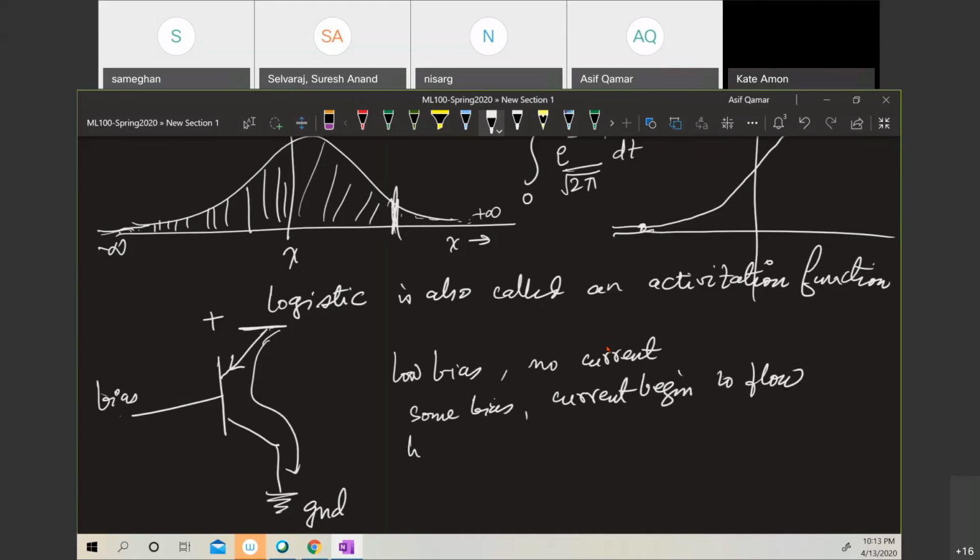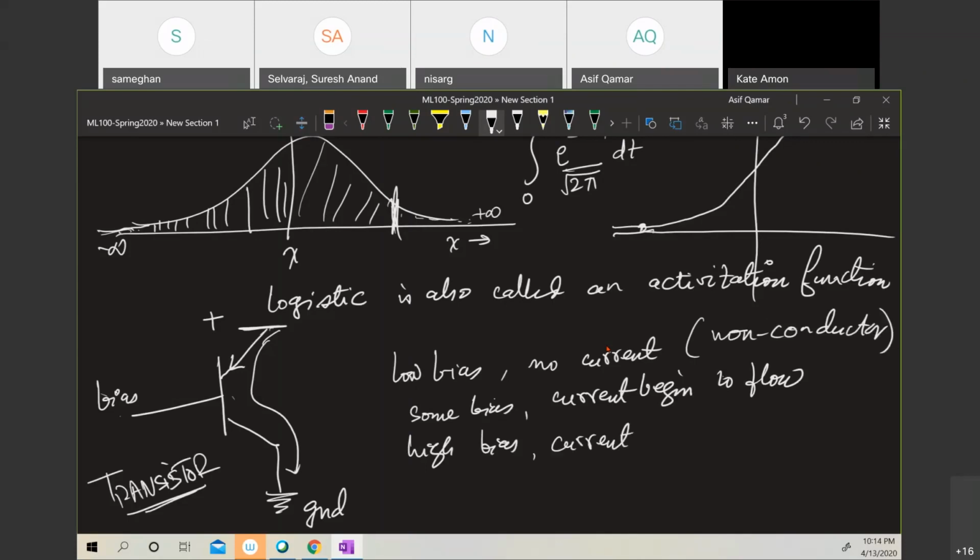With high bias, current flows fully through. This is called a transistor. When bias is low, no current flows through. Things that don't allow current to flow through are called, what are they called? Non-conductors, non-conductors of electricity. And with high bias, current flows through fully.